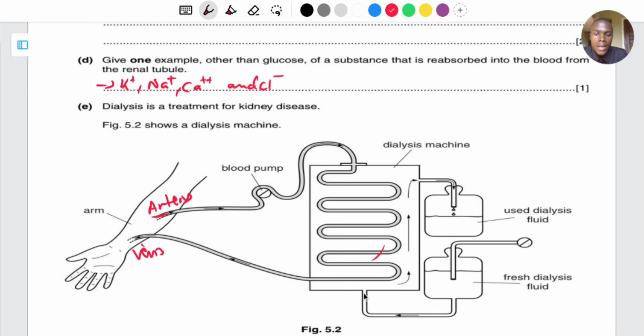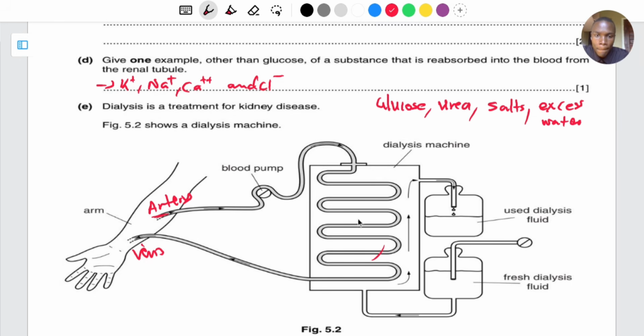In the blood, what are you supposed to find? You have to find glucose, it's a must in blood. You have to find urea, salts, and excess water. It's a must.